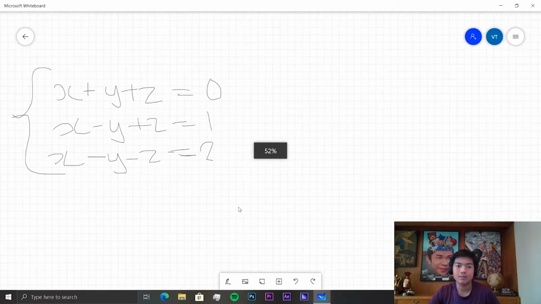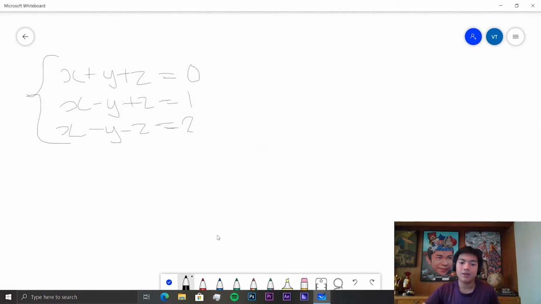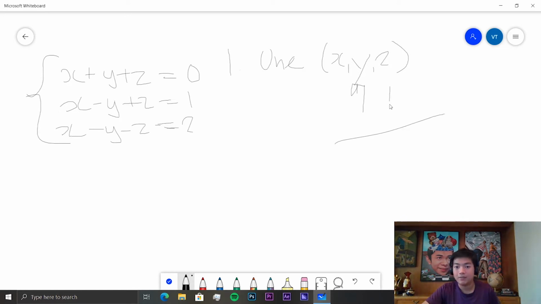And just like the system of two linear equations, there are three possible outcomes. The first outcome is that there is one triplet like x, y, z, and only one triplet that satisfies this equation, and so all three of these linear lines would intersect at some point.